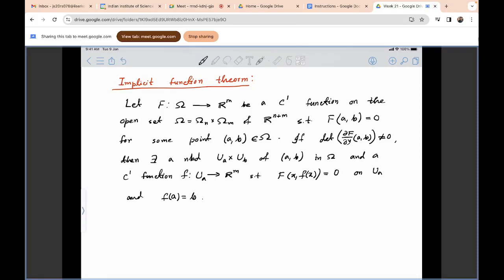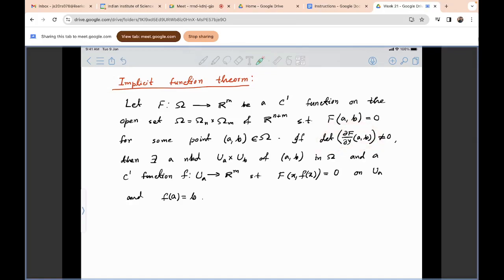It says that if a C1 function is given on an open set omega_n cross omega_m, and at some point (a, b) it is 0, and del f by del y, the derivative with respect to y, is a linear transformation, an m cross m matrix, so the determinant is well defined.